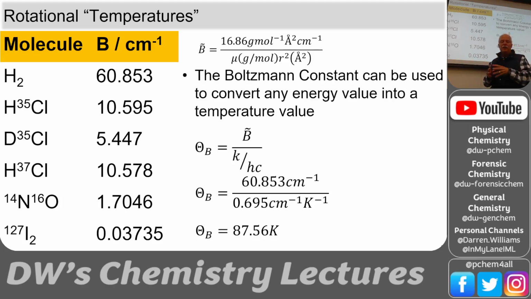But all the other molecules, look at HCl. Its rotation constant is 10, or even something like I2, 0.03. So what's 10 times this? Well, 0.3 Kelvin. Oh, well, we can convert this over. Let's do the rotational temperature for iodine.